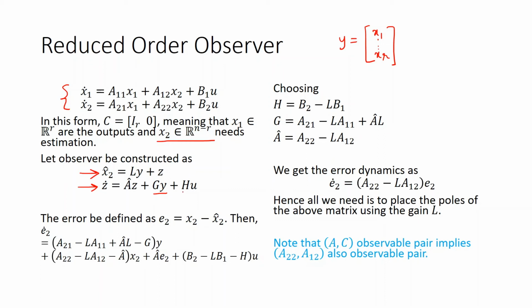You have to feed the output here, you have to feed the input here. So these matrix coefficients are the ones through which you are feeding the input and the output to the z dot dynamics.